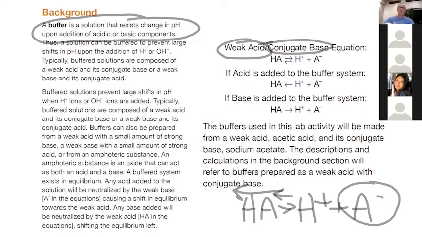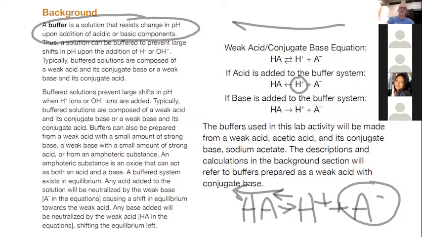So what happens when we add a strong acid to the system? We increase the concentration of H+, and we push that reaction back towards reactants, the reactant being the weak acid. So basically what we've done is swapped a strong acid, which is H+, for a weak acid, which is HA.